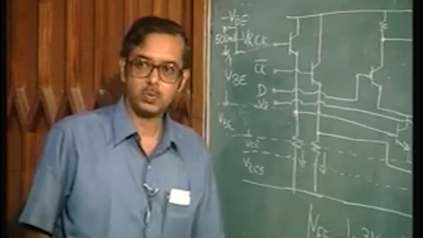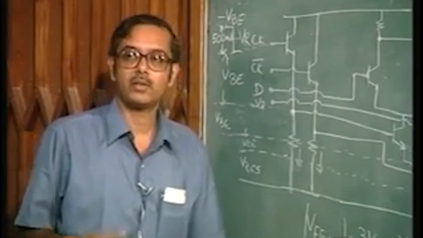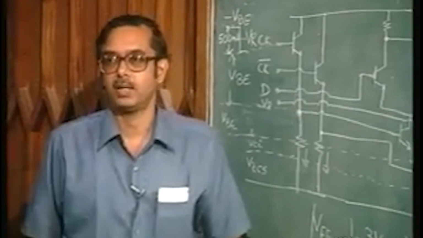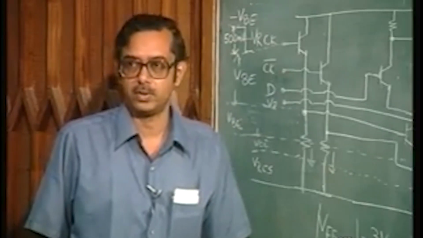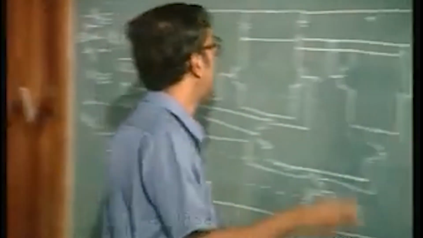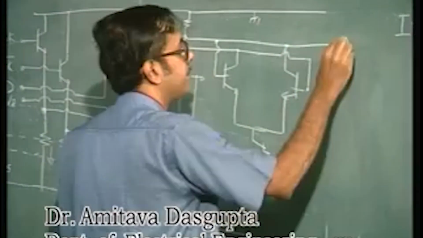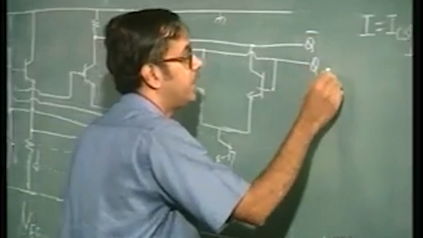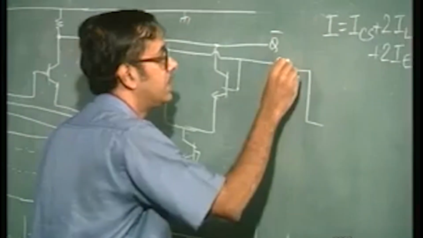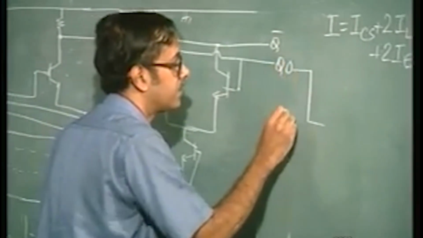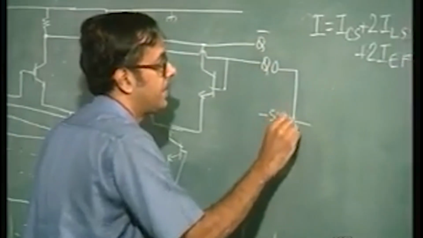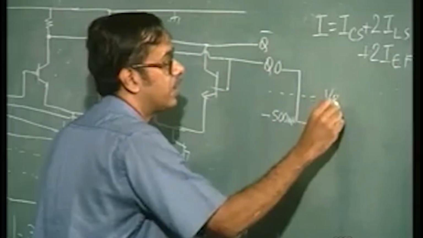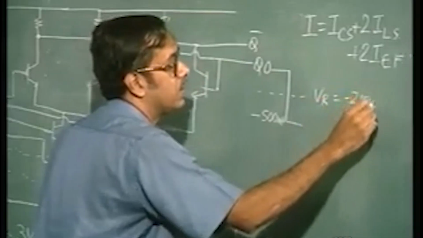That basically the output voltage is no longer varying from minus VBE to minus VBE minus 500 millivolts, but the output voltage, so here this is Q bar and this is Q here. The output voltage variation now is from 0 to minus 500 millivolts, and VR would be centered somewhere at minus 250 millivolts.